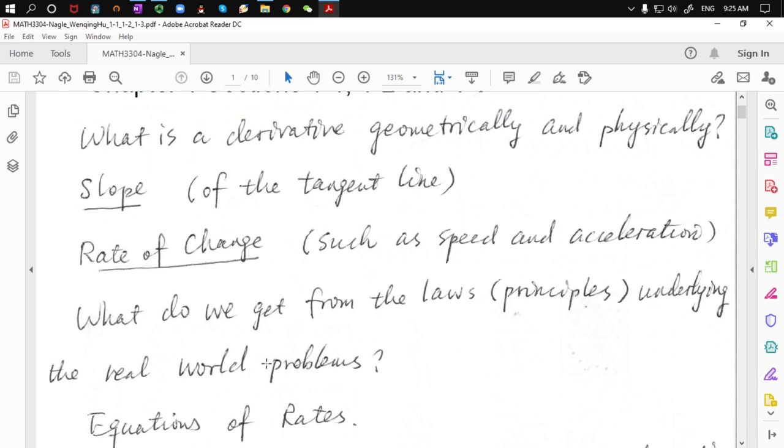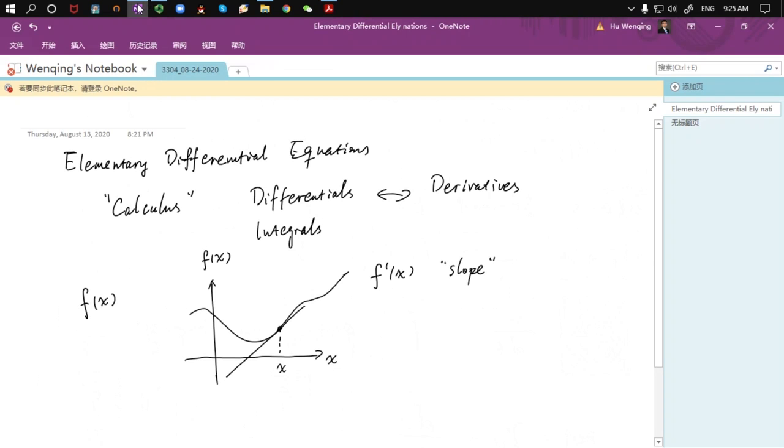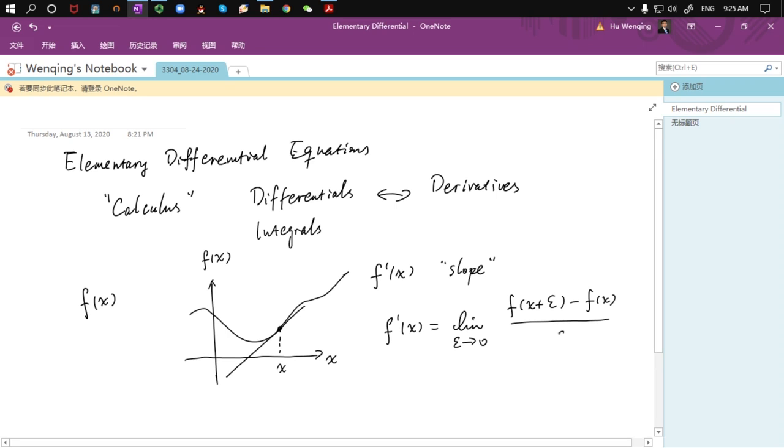Another way to explain the derivative is through the rate of change. If you treat f of x as a quantity, then f prime of x, as we have seen in calculus, is the limit as epsilon goes to 0 of f of x plus epsilon minus f of x, divided by epsilon. What does this mean?